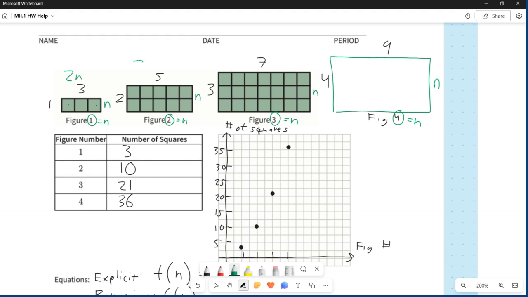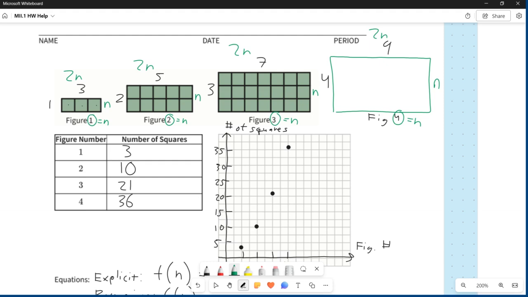And I know that if I want to express my width, it's going to have this 2n in it, because every single time I increase the figure number, the width increases by not 1, but by 2. So that's where that 2n comes from.